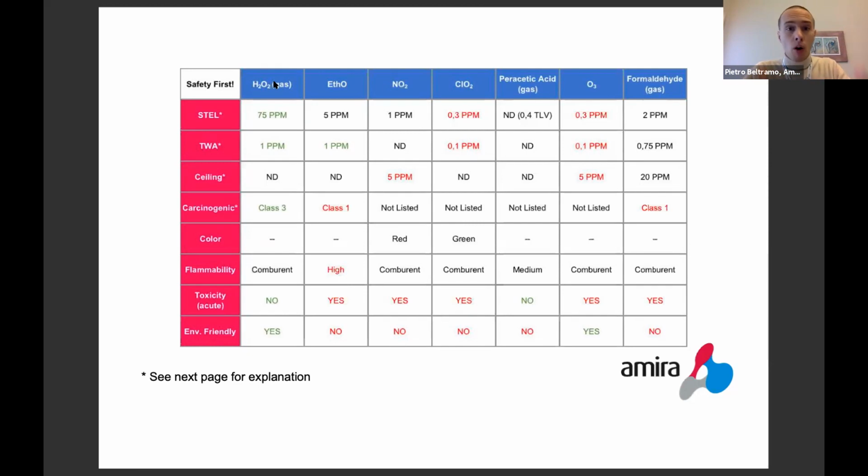For example, there are specific aluminum coatings which are not very compatible. That means whenever I use H2O2, liquid or gas, it doesn't matter, the H2O2 molecule will react with that specific material in a chemical way.